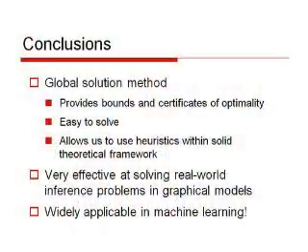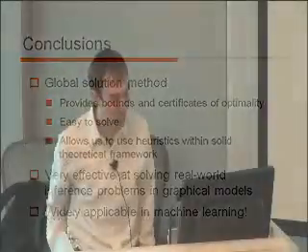Okay, so in conclusion, I hope I've motivated that this is going to be an effective approach to approximate inference in graphical models. I personally believe that these approaches based on linear programming relaxations are going to replace max product and local search as the default tool used for inference in graphical models.